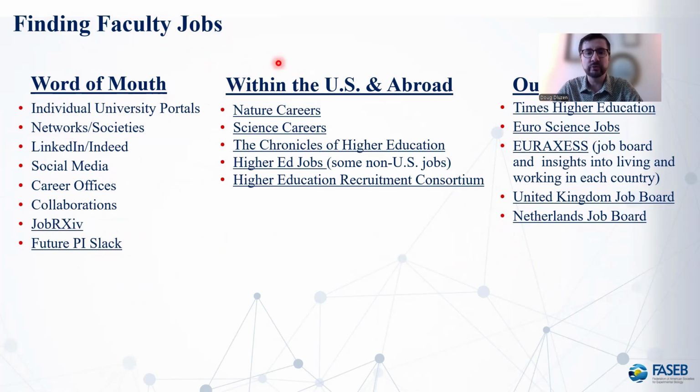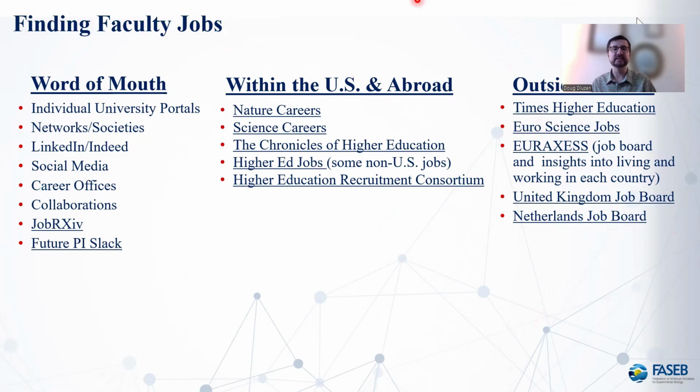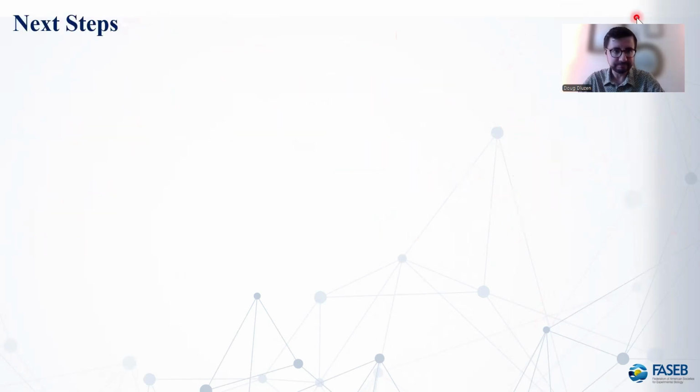Nature Careers, Science Careers, HigherEdJobs, these websites, which are linked in the slides, are all great job boards within the United States and abroad. And then there are numerous job boards outside of the US. There's a couple here that are specific for Europe, but Times Higher Education also has a job board for faculty positions in Asia. So there are a lot of databases out there that you can begin to search and get a sense of what's open and what's not.